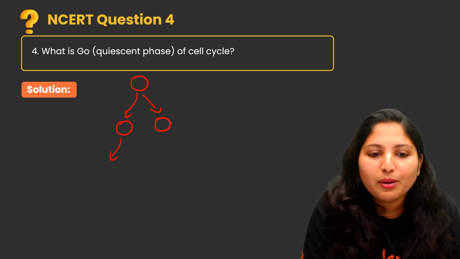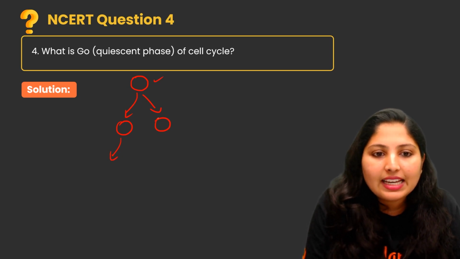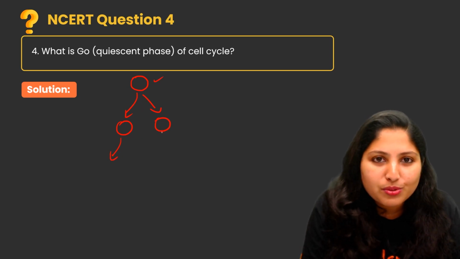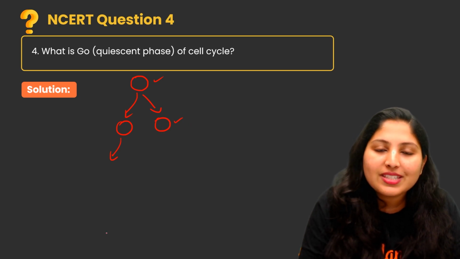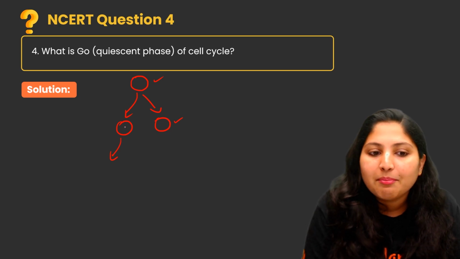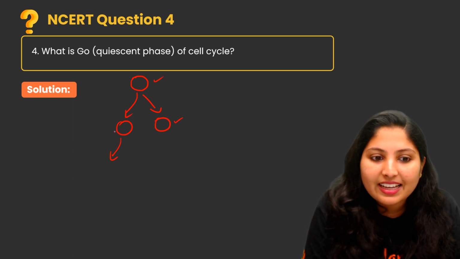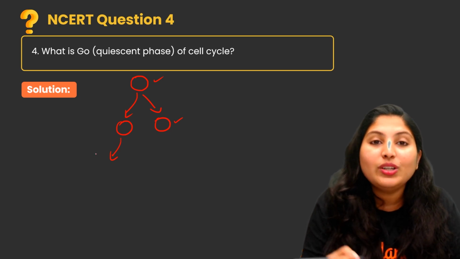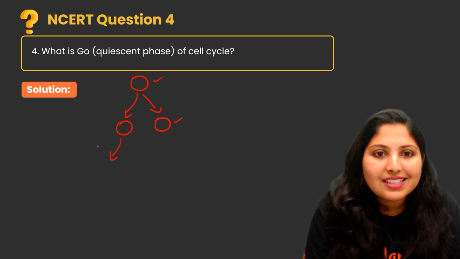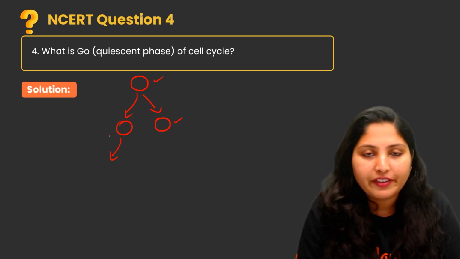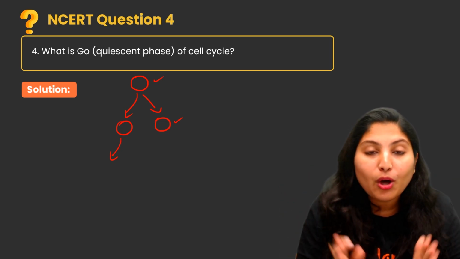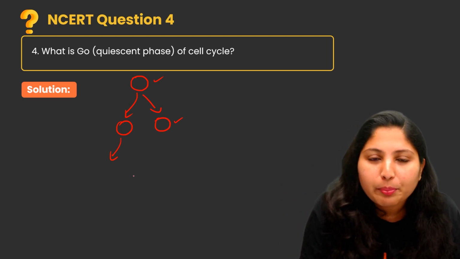Of two cells, one may undergo cell division again and again, but the other undergoes differentiation. These cells are metabolically active but do not proliferate.